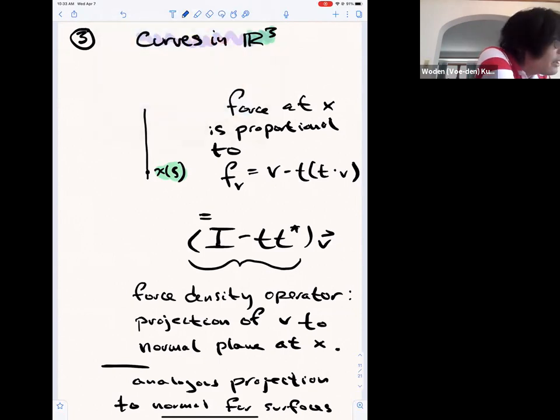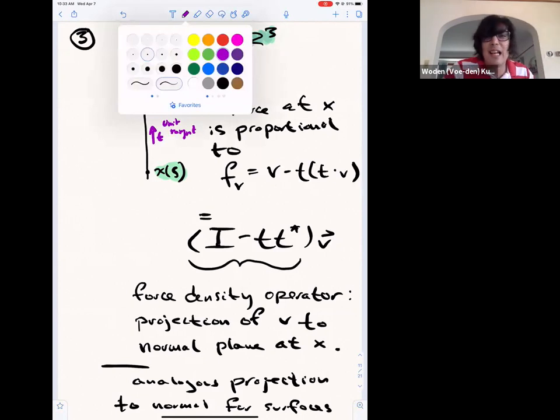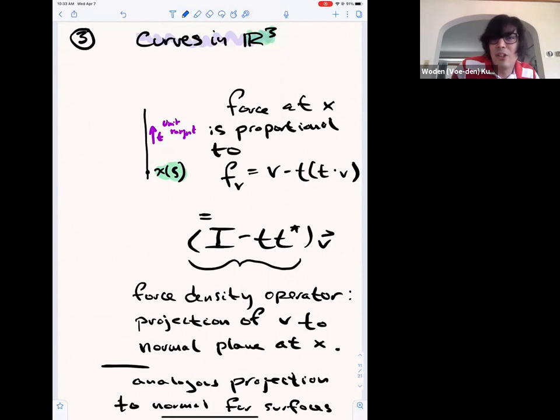And what are we going to have here? Well, I'll give ourselves our unit tangent vector. Calc 3, if we're teaching that, then this is all that good stuff. And we'll do a little bit of linear algebra. We'll give ourselves some constant vector field here.